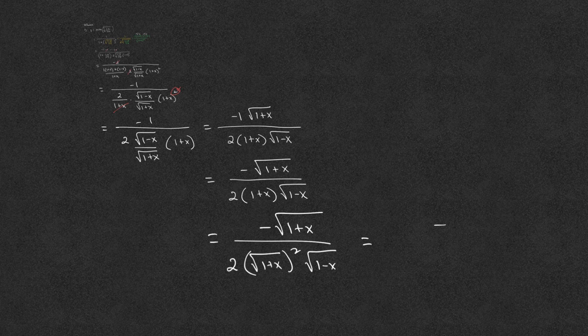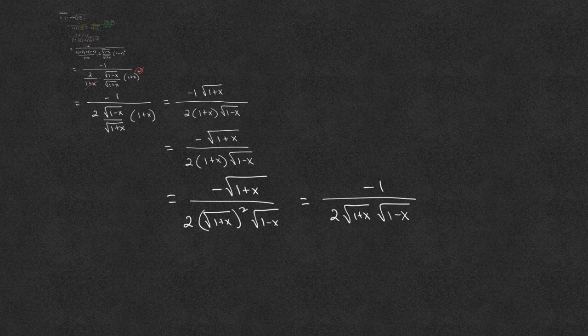And so this is negative 1 over 2 times the square root of 1 plus x times the square root of 1 minus x. And since the denominator is the product of the conjugates, we rewrite this as negative 1 over 2 times the combined radical. Inside, we end up with 1 minus x squared. And this is in its simplest form.